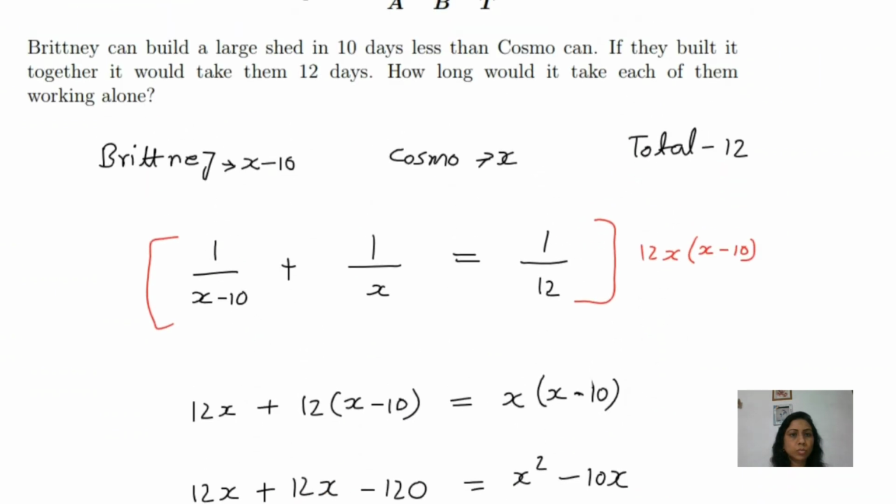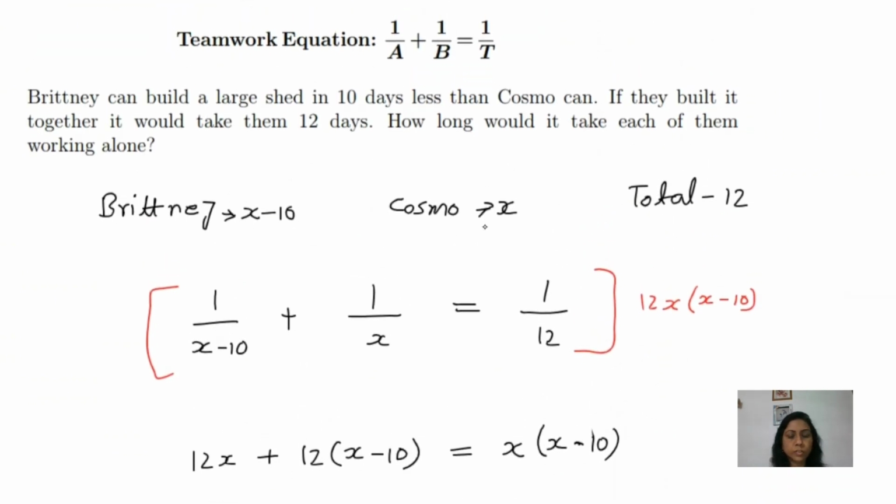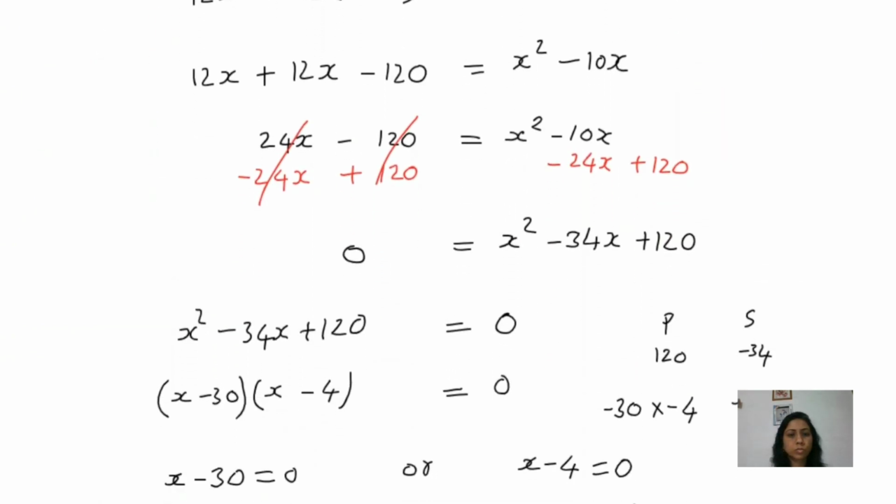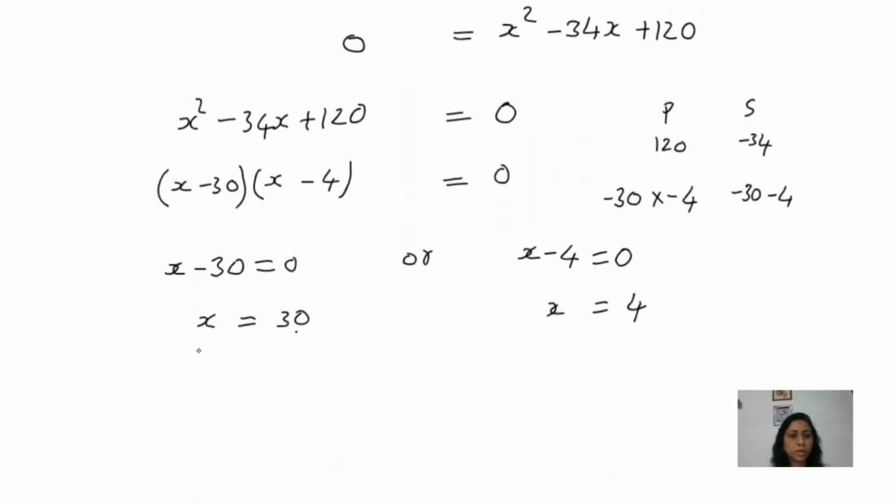Here it says Cosmo takes x days and Brittney takes x minus 10 days. So this is for Cosmo, and we can find out for Brittney. It will be x minus 10.